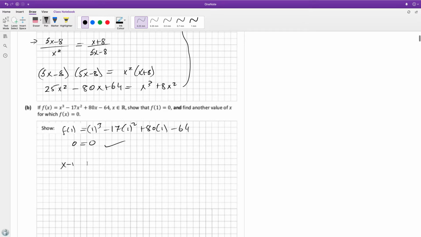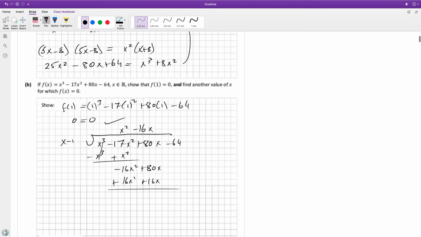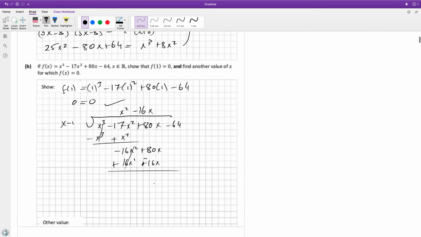Then we do long division, x minus 1 divided into x cubed minus 17x squared plus 80x minus 64. x into x cubed is x squared, x squared by x minus 1 is x cubed minus x squared, minus plus, that's minus 16x squared plus 80x. x into minus 16x squared is minus 16x, minus 16x squared plus 16x, they cancel. 80x minus 16x is 64x minus 64, which is x into 64x goes plus 64, times x minus 1 is 64x minus 64.